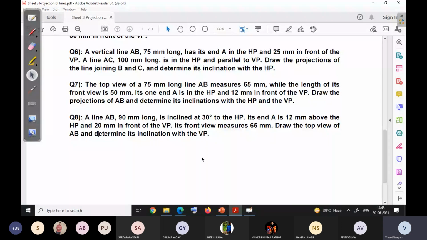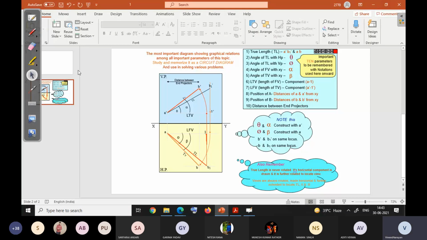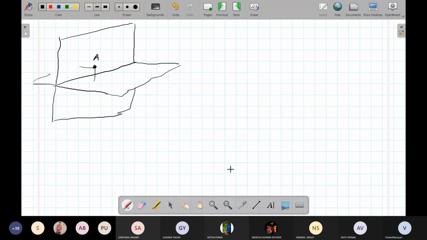So its true length is given, 90 mm, and it is inclined 30 degrees. So I think we have to start with the exact projection, because in the question it is given.